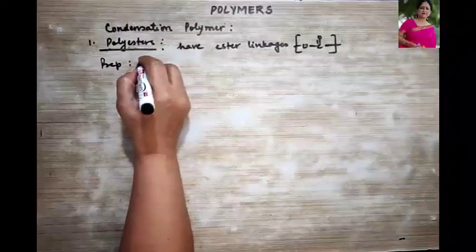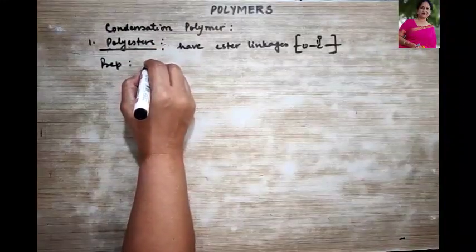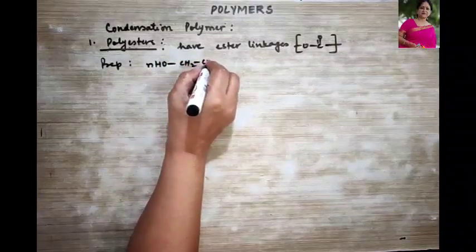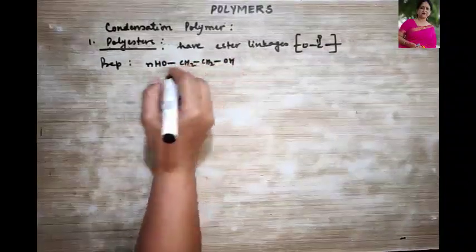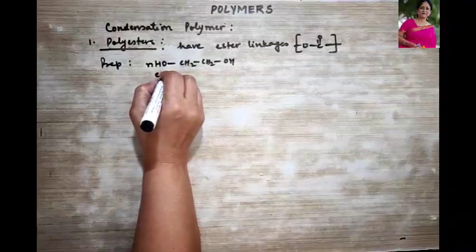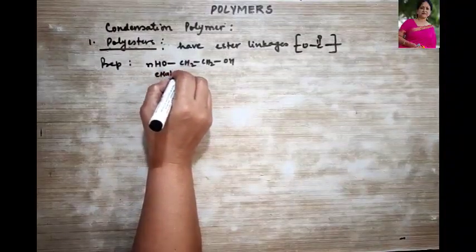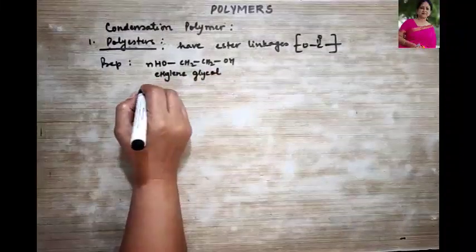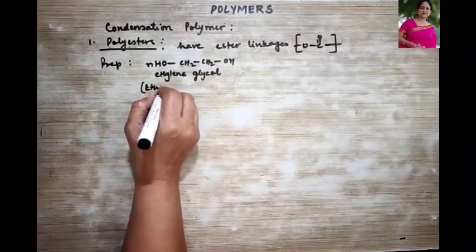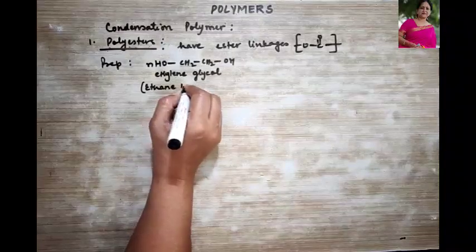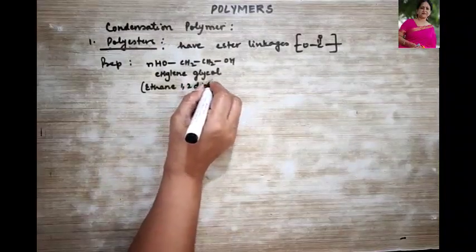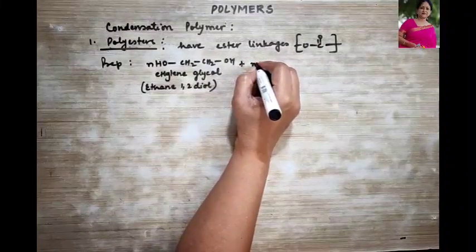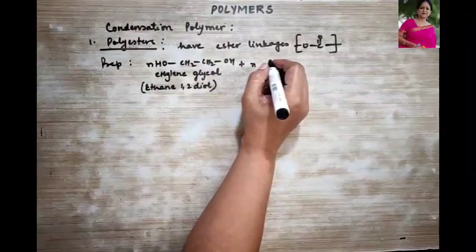So polyesters are prepared by ethylene glycol, which is also called ethane 1,2-diol. And this is treated with n times of terephthalic acid.